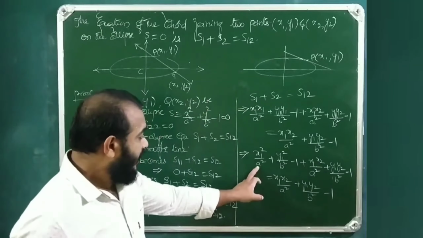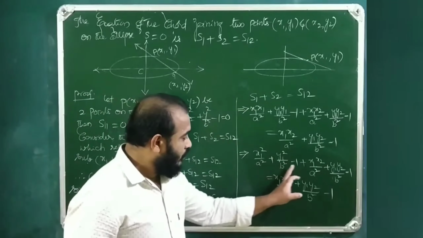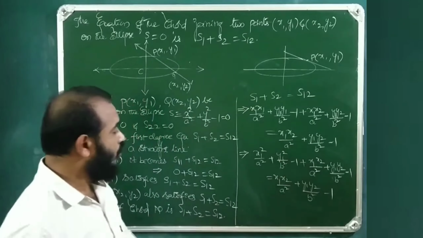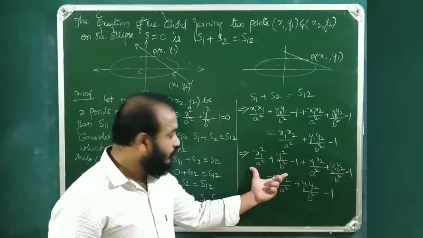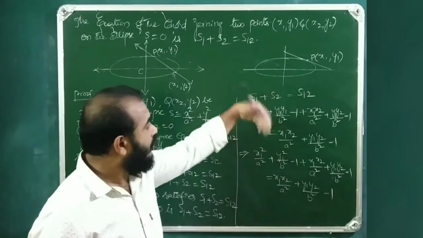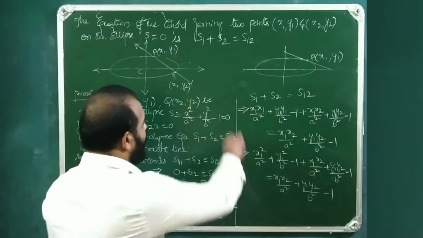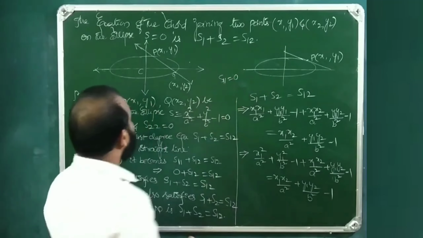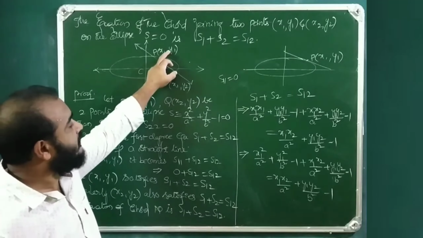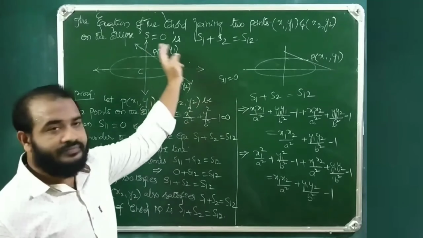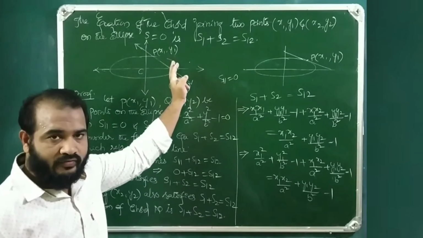See this, x1²/a² + y1²/b² − 1 equals how much? S11, and that S11 we have already discussed. S11 equals 0 because the point P(x1, y1) lies on the ellipse x²/a² + y²/b² = 1.